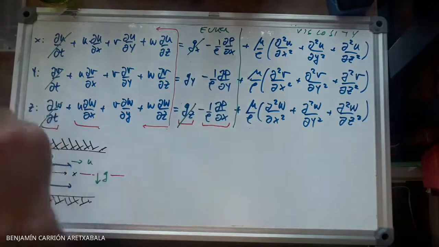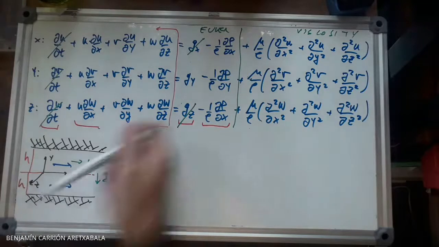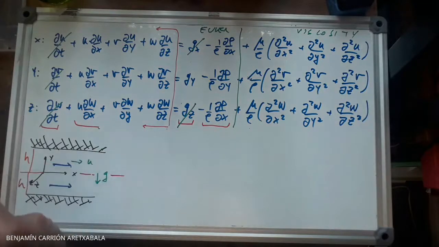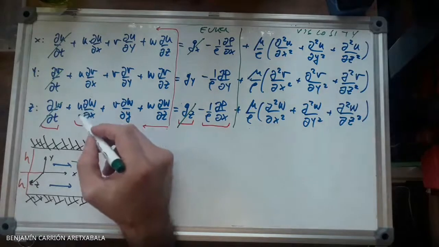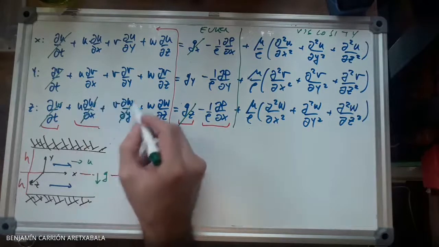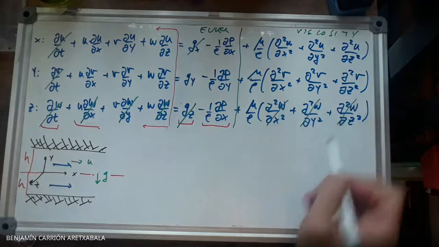Y is going upwards, so this is minus g. And we also know that we have no flow in the z direction. So w is zero, constantly zero, and therefore all the w derivatives are zero.